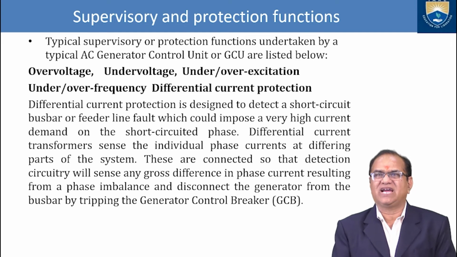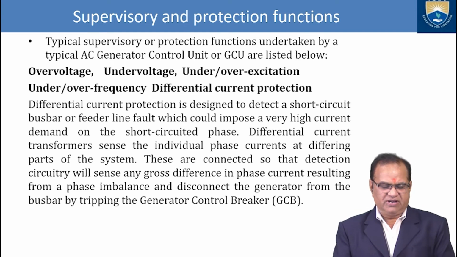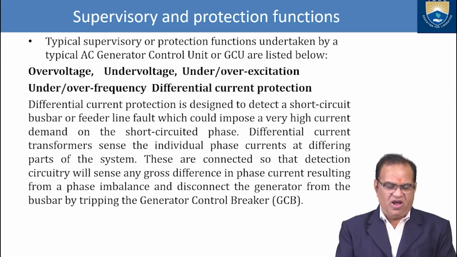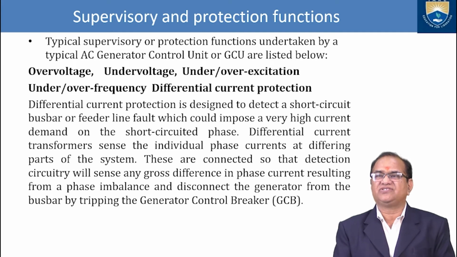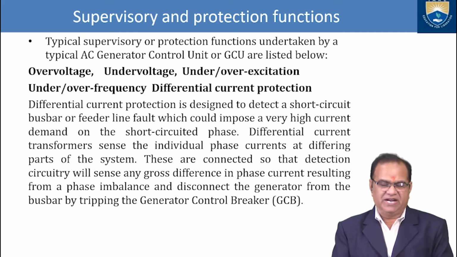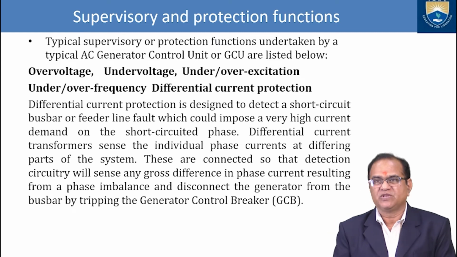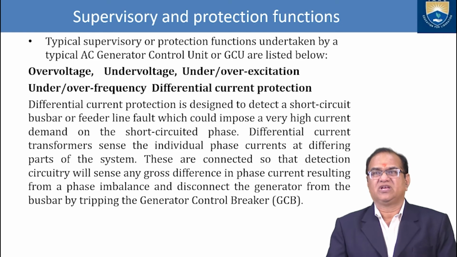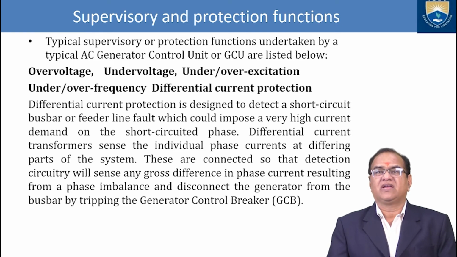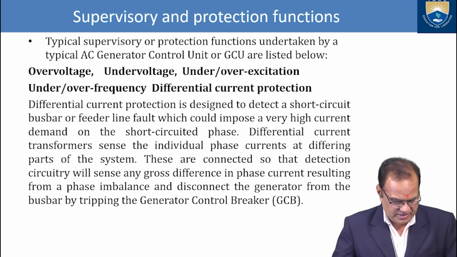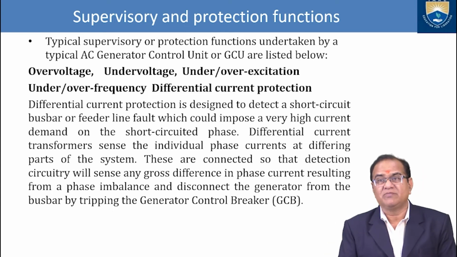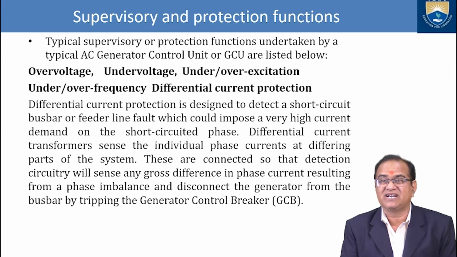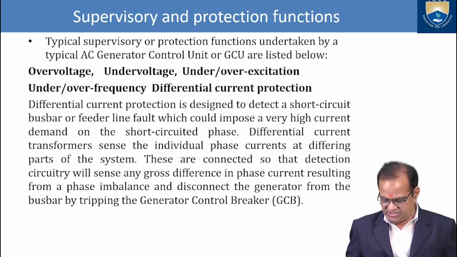These are connected so that the detection circuitry will sense any gross difference in phase current resulting from a phase imbalance and disconnect the generator from the bus bar by tripping the generator control breaker. So if it senses that very high current is demanded or very high voltage is there, this will be given to the different systems, and this will make sure that the circuit breaker of that generator cuts off the supply and the system is safe to work.